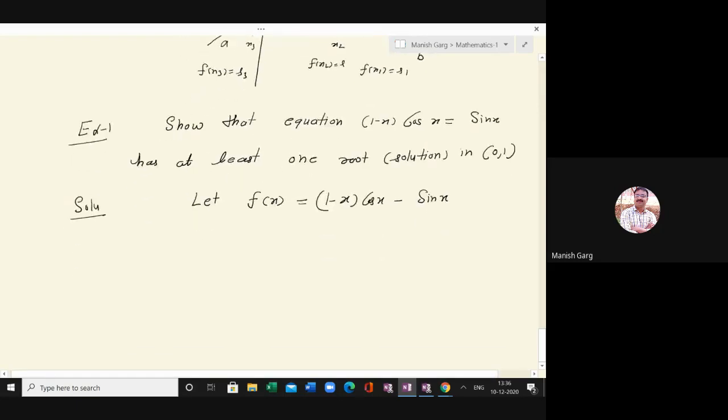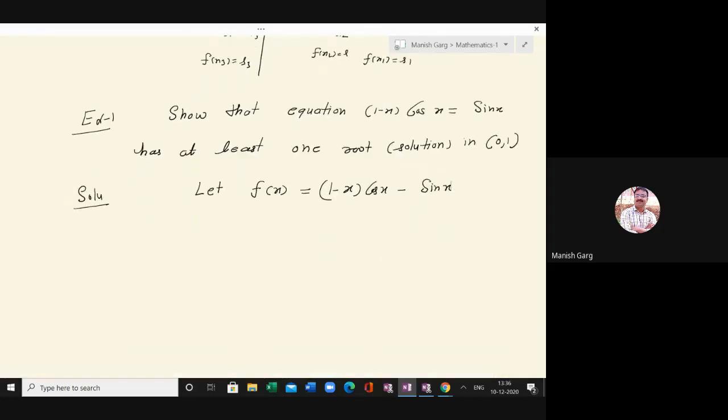Now I will apply the IVP. Let us see how I apply the IVP. First, if you want to apply it, you need to check this is continuous between 0 and 1.